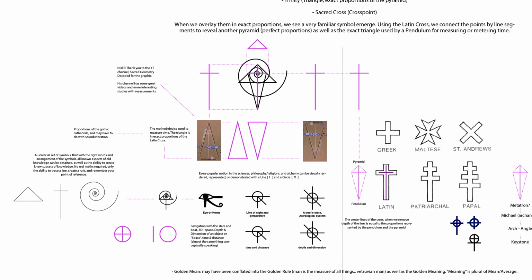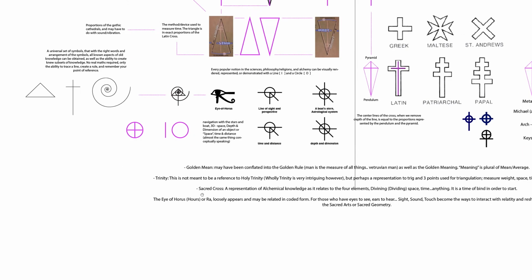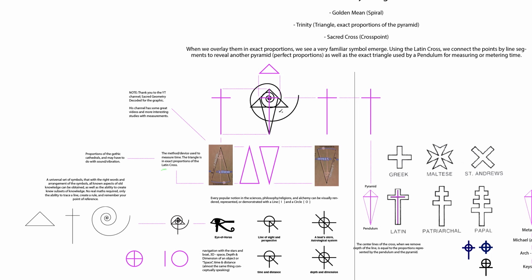correlations between the actual Christian cross, or a Christian cross, the Latin Christian cross, also the Patriarchal cross, and how they reveal, with not a lot of effort, the proportions of the pyramid.